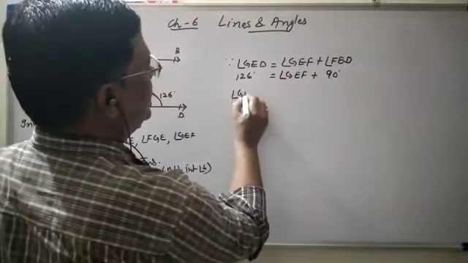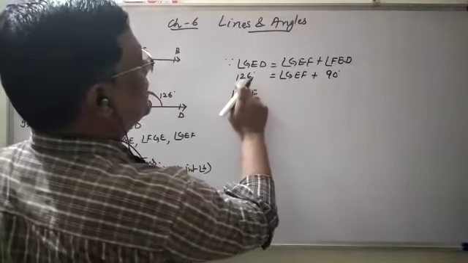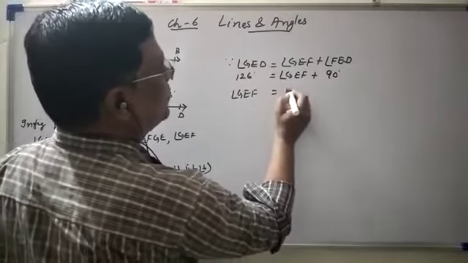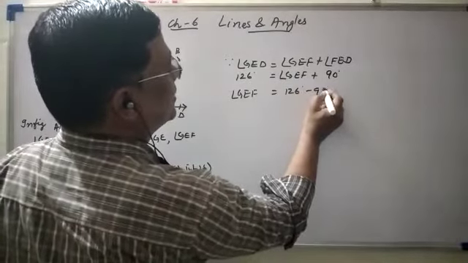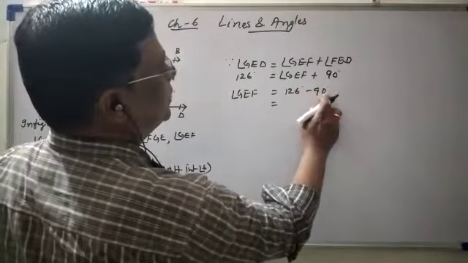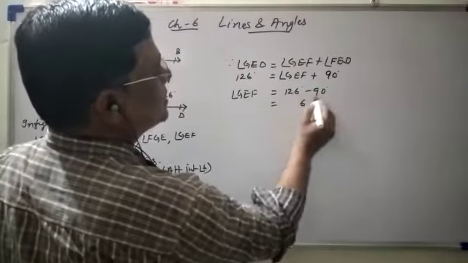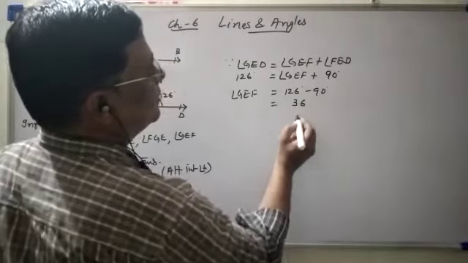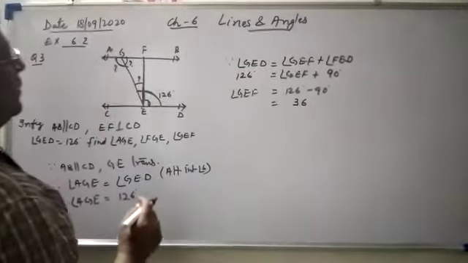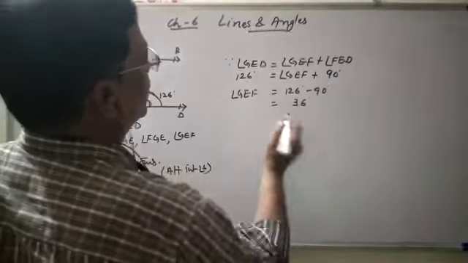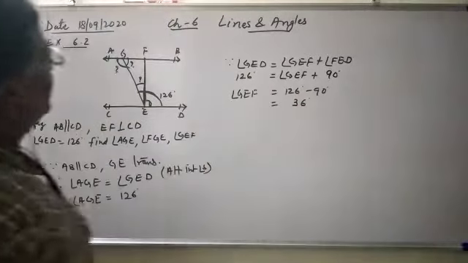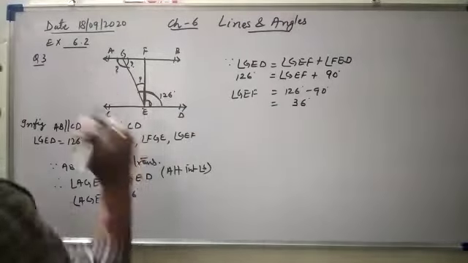So angle GEF, we shift that 90 to this side, so 126 minus 90. So 6 minus 0 is 6, and 12 minus 9 is 3. This angle is 36 degrees. Correct. Now we have to find this part.